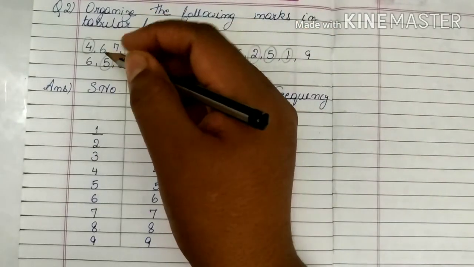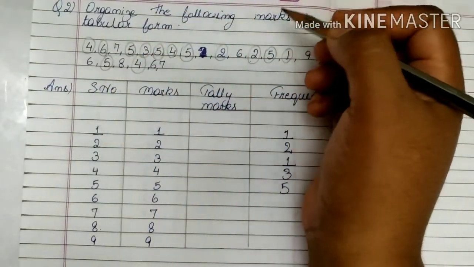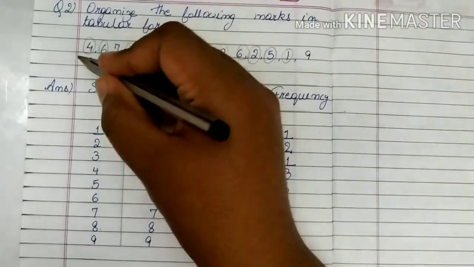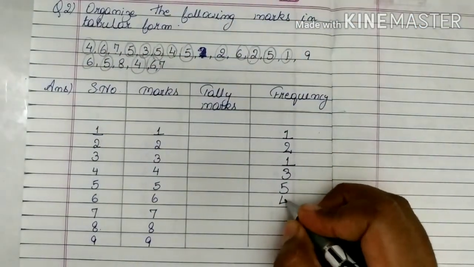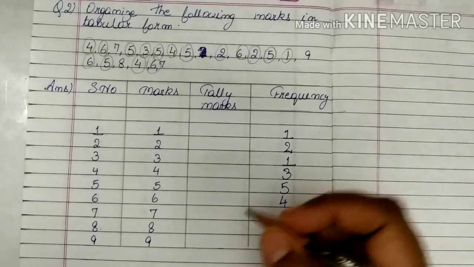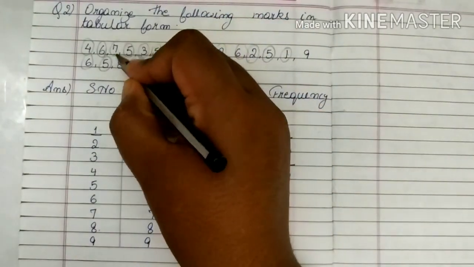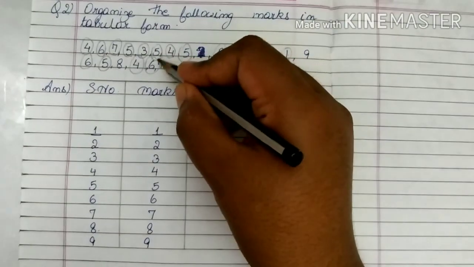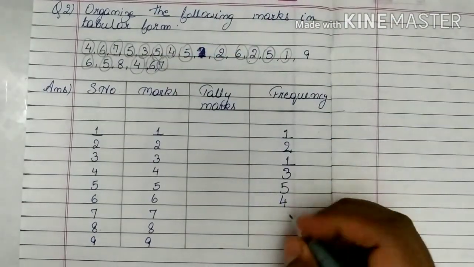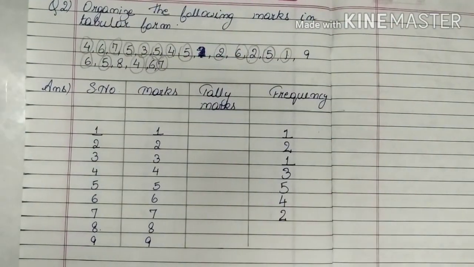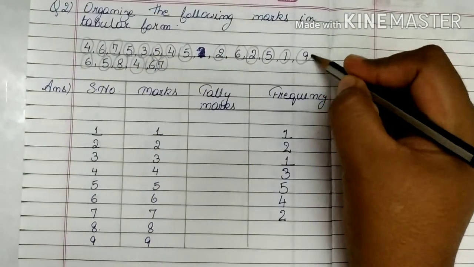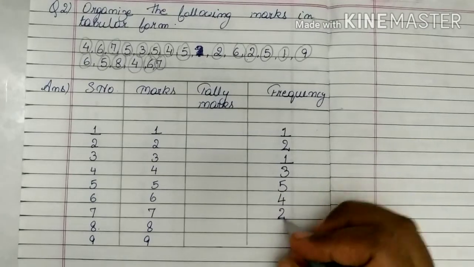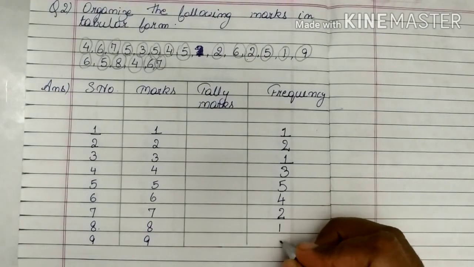Number 6 is repeating 1, 2, 3 and 4 times, so we'll write it over here. Number 7 is repeating 1 and 2 times, so we'll write 2. Number 8 is repeating only once and 9 is also repeating only once, so we can write both as 1.